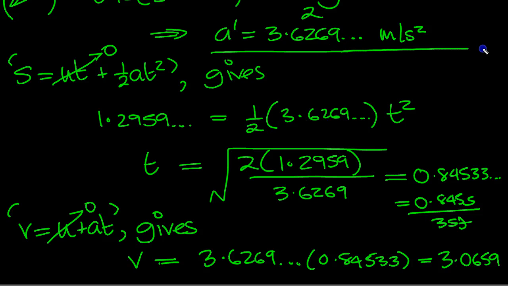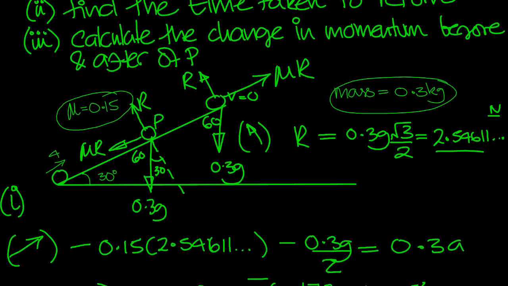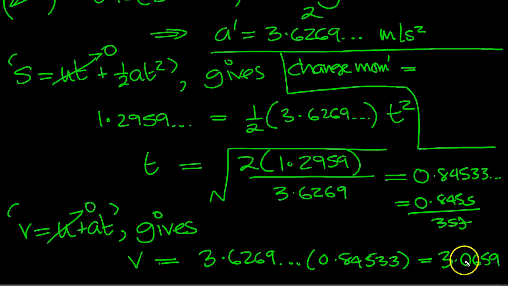So I'll put it up here in this little space here. Change in momentum is equal to, because that's what the question asks for at the end, calculate the change in momentum before it was at the beginning. So this change in velocity is equal to this, minus 4. Oh no, it's going in a different direction, isn't it? So it goes up and then down. So it's 4 plus 3.0659 multiplied by the mass, which is 0.3.